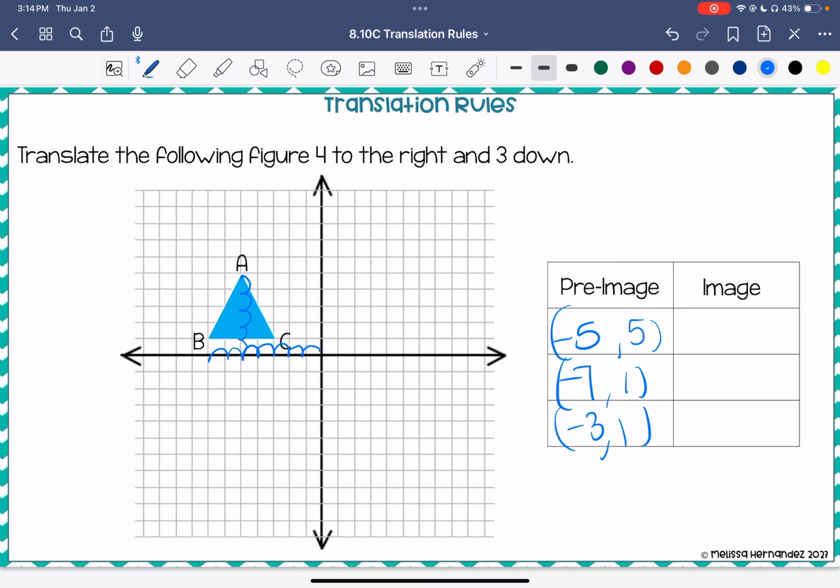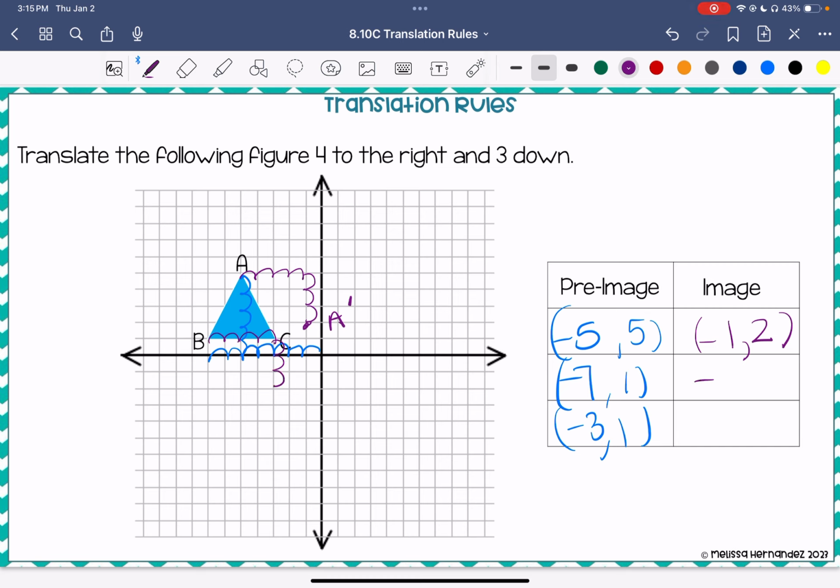Now for the image, that means we're going to actually have to translate it, and that's 4 to the right, 1, 2, 3, 4, and then 3 down, 1, 2, 3. So for A prime, it would be -1, 2. Let's go on to the B. 1, 2, 3, 4, 1, 2, 3 down.